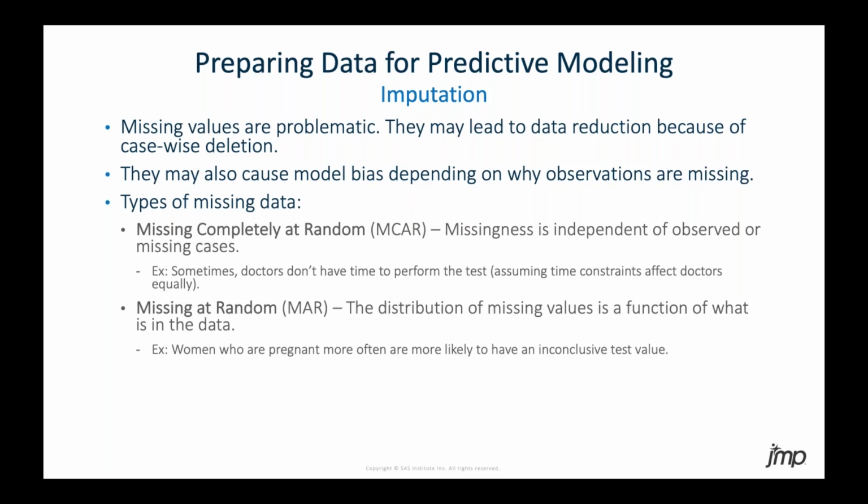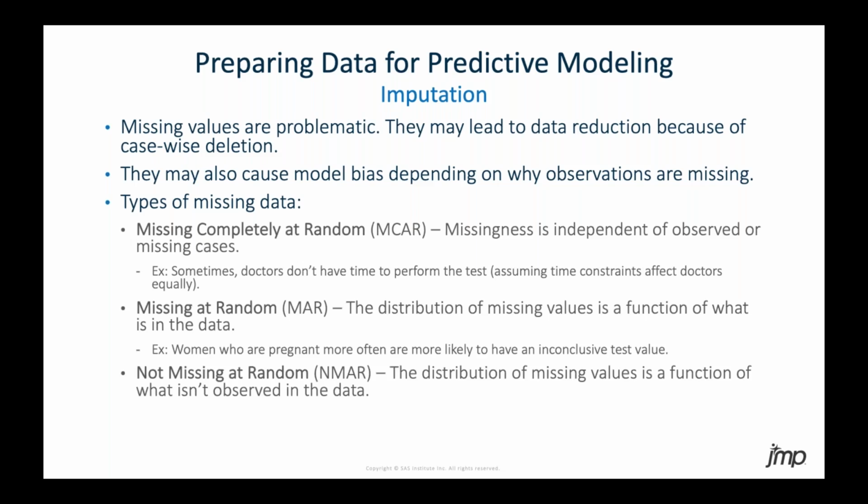That's good. The problem case is this very final case, when I've got data that's not missing at random. That's when the distribution of the missing values is a function of what isn't in the data, what we can't see. So for example, let's say that there are certain doctors who are less efficient and they're less likely to perform these tests. That's not missing at random.